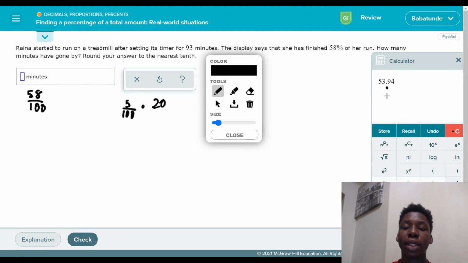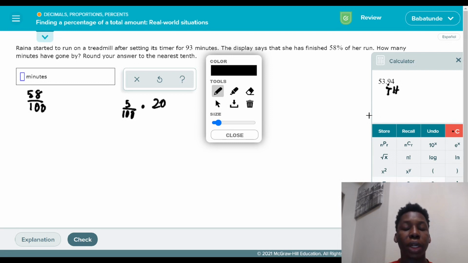A tenth is the number that comes after the decimal point. In this case that number is 9, so 9 is the tenth. The number that comes after the tenth is called the hundredth, so 4 is the hundredth in this case.